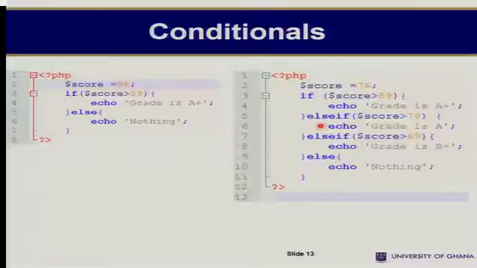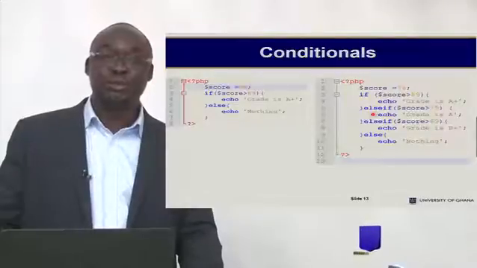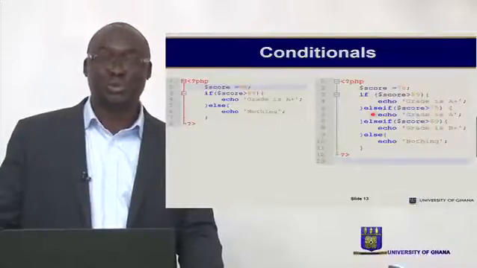And then we say if the score variable is greater than 89, then echo out, that means print or send to the browser, Grade is A+. Else, echo nothing out. This one, I'm doing something when it is true, and I'm also doing something when it is false.